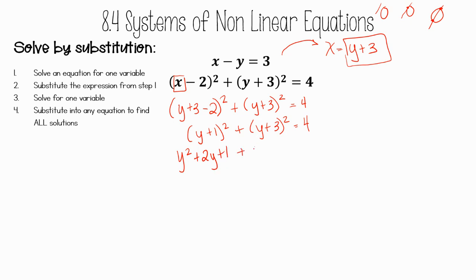And then I am going to add y squared plus 6y plus 9 equals 4. If you forgot that pattern, remember you could just multiply it out. You could just do (y + 1) times (y + 1), and you'd FOIL, and you get y squared plus y plus y plus 1, which gives us y squared plus 2y plus 1. It gives us that same answer. But again, if you remember the patterns I've taught you, it makes this go quicker.